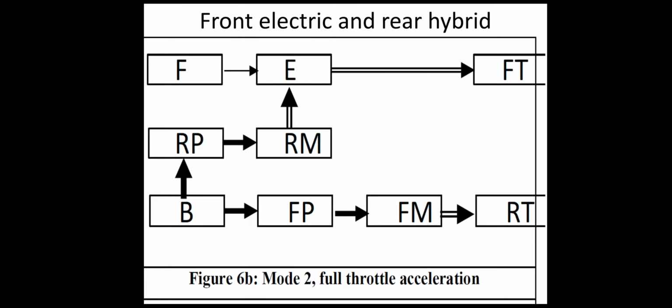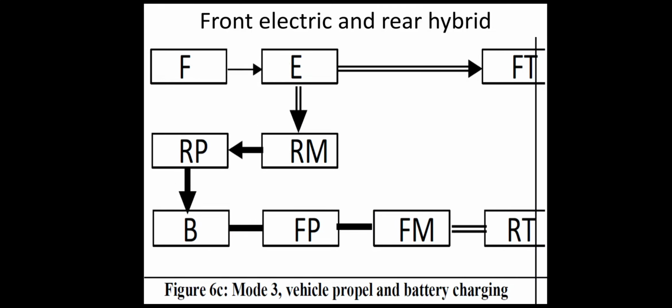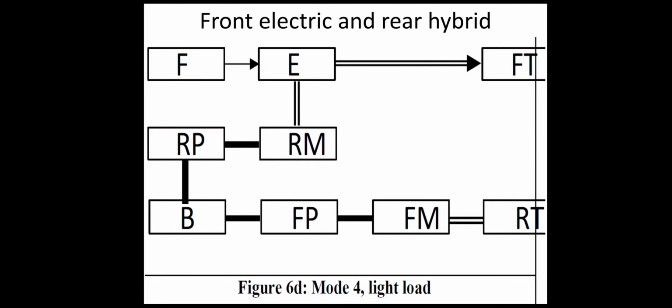In the previous configuration there is the front hybrid and rear electric, and in this one the front electric and rear hybrid. Same as the full throttle, vehicle propulsion and battery charging is mode 3, and mode 4 is the light load.